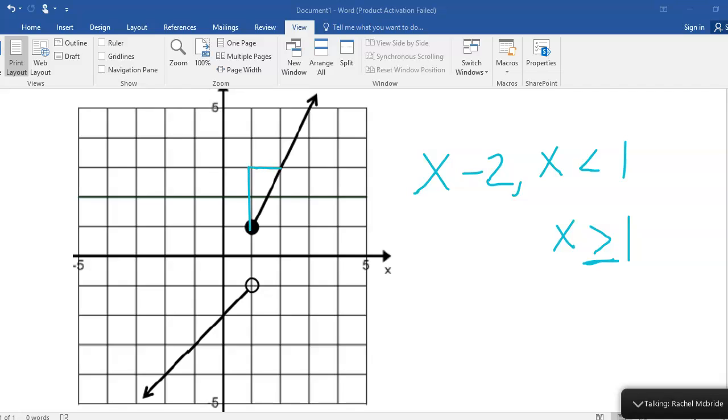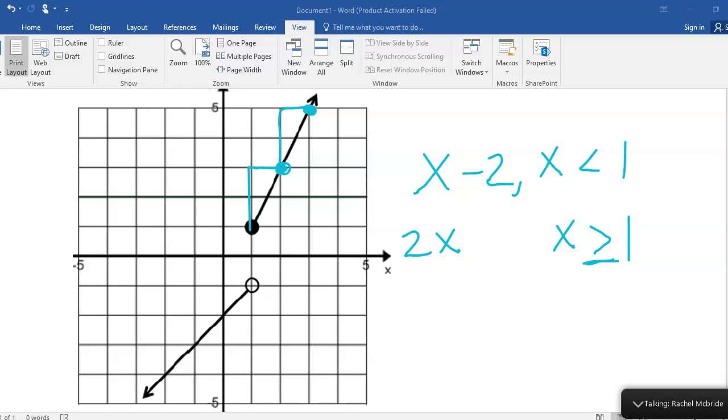We go up 2 and over 1 to the next nice point where it hits at a corner. So you're looking for where it hits at a corner. Up 2 over 1. So that means my slope is 2 over 1, or simply 2x.